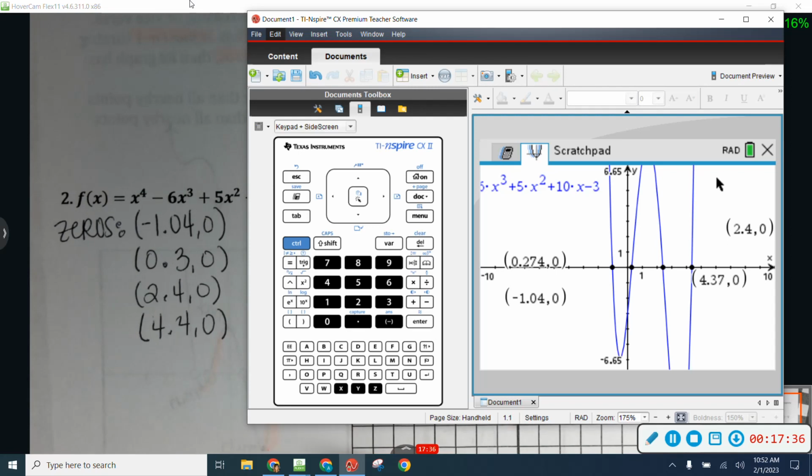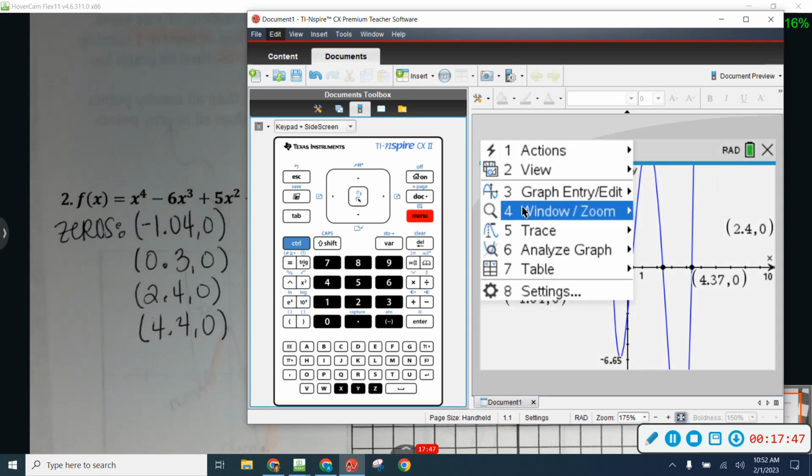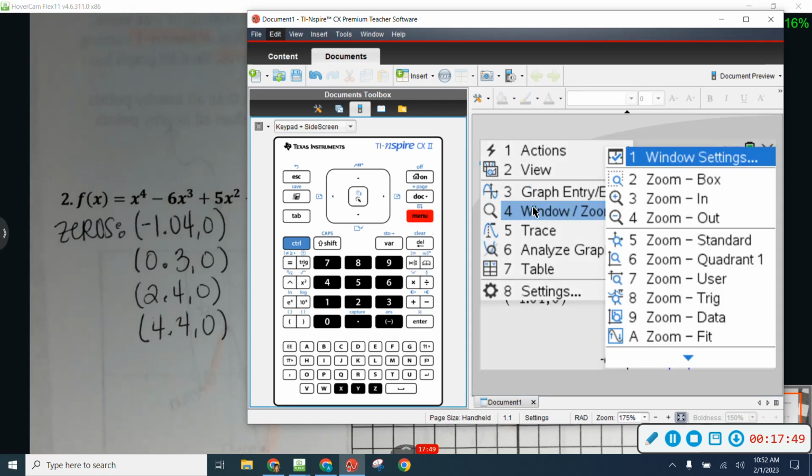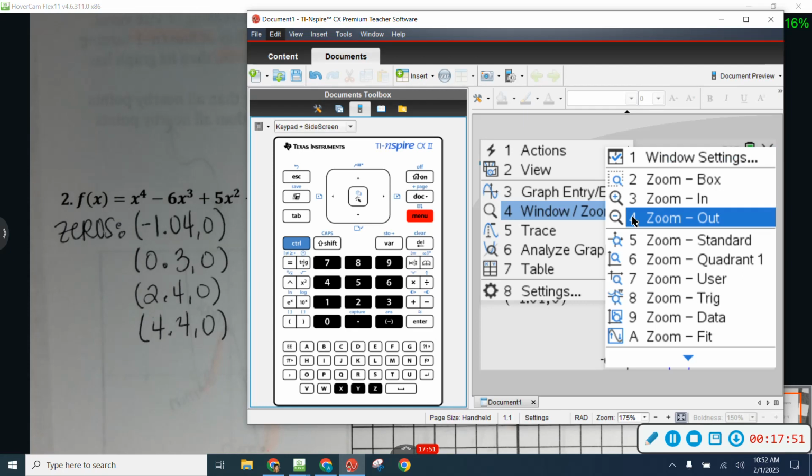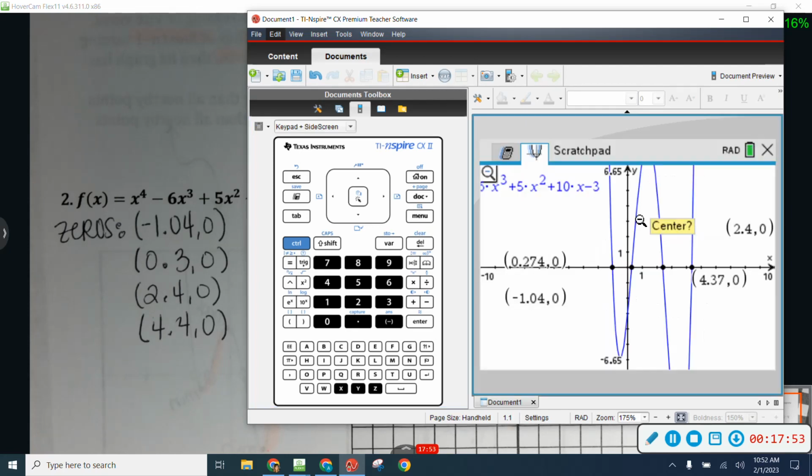I can tell from my graph, I have 3 turning points, but my graph does not show that. Okay? So if you need to zoom out, do menu, 4 is your zoom, menu 4, and then 4 zooms out.